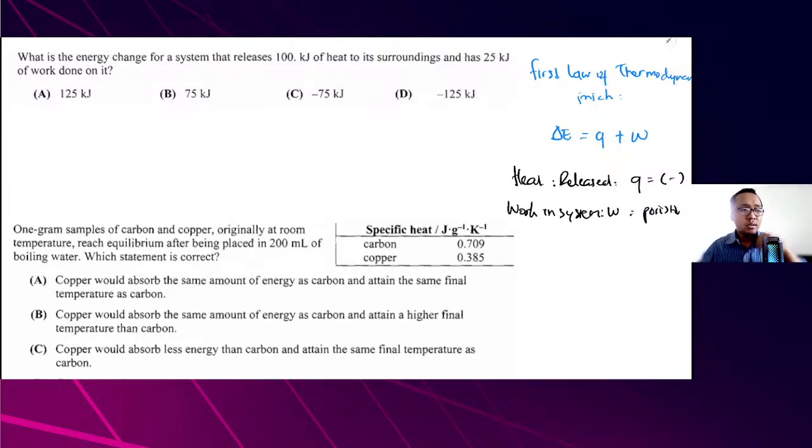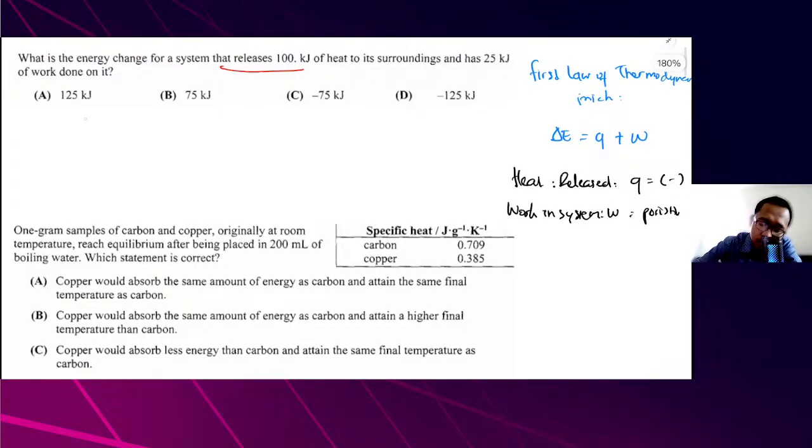So now let's solve this problem step by step. Let's plug in the numbers. The system releases 100 kilojoules, which tells us Q will be negative.